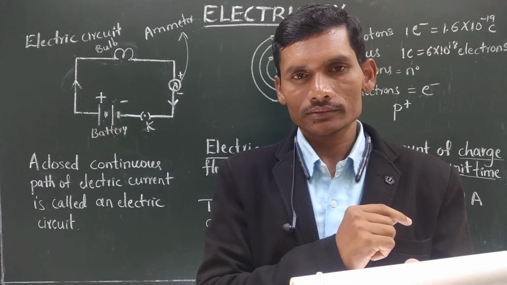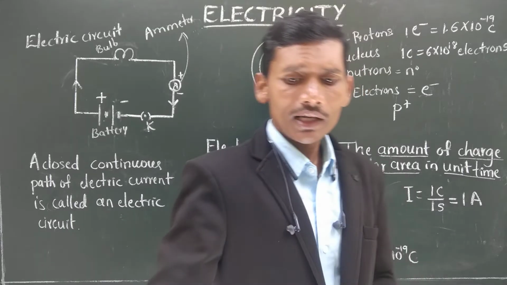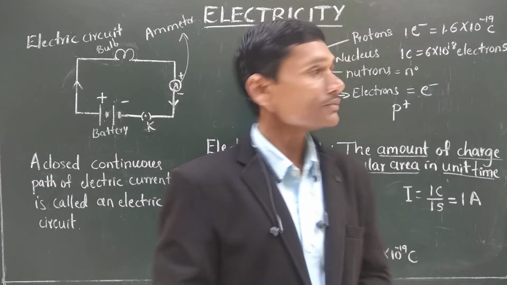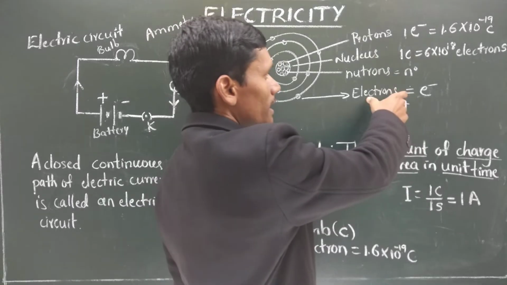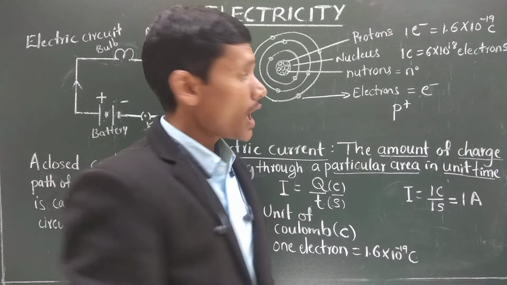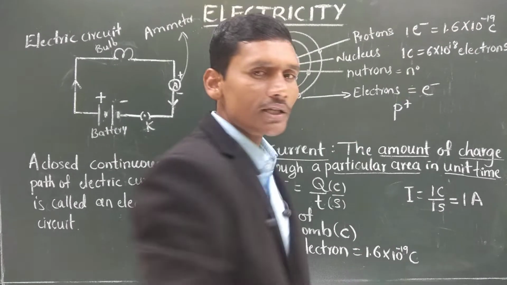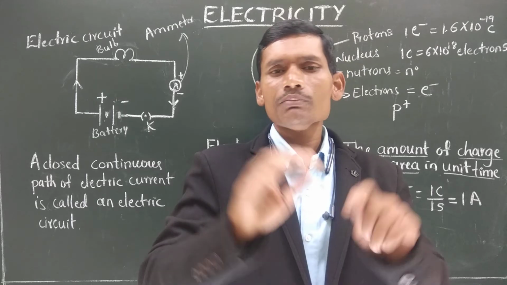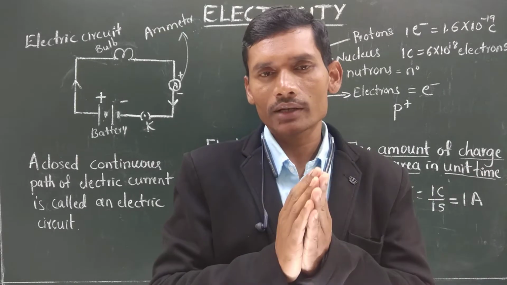Now, let us know what charge is and how it is measured. The electron is a negatively charged particle. Now, how do we measure the charge of an electron? Some unit must be used, right?